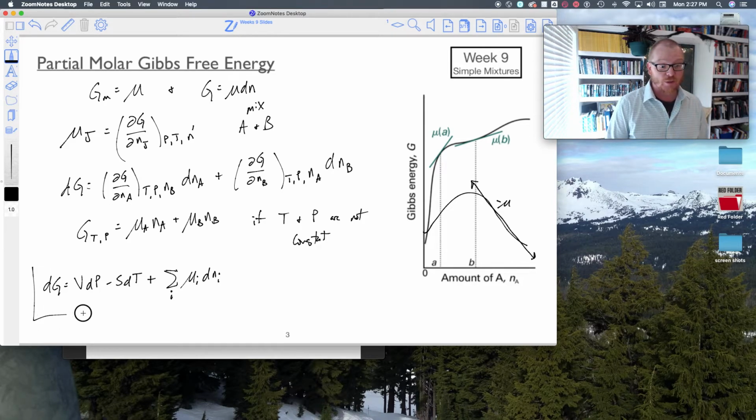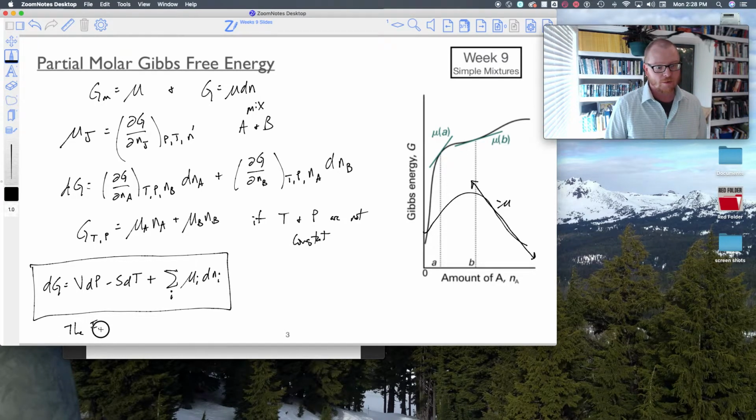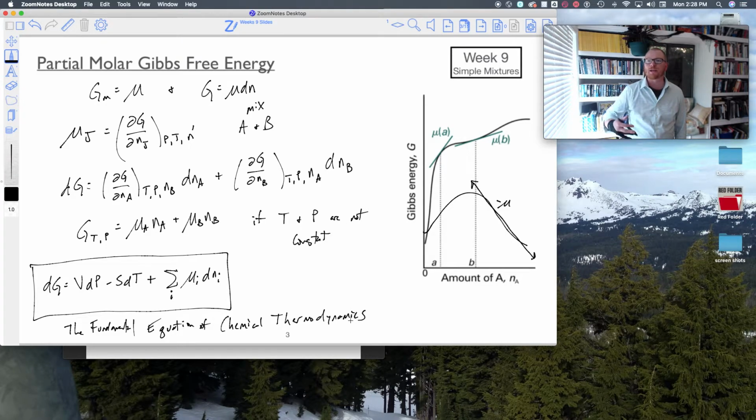And so now this equation, I'm going to box this, and I'm going to call this the fundamental equation of chemical thermodynamics, because there's just not a whole lot of chemistry we can do if we're not accounting for how the number of moles changes.